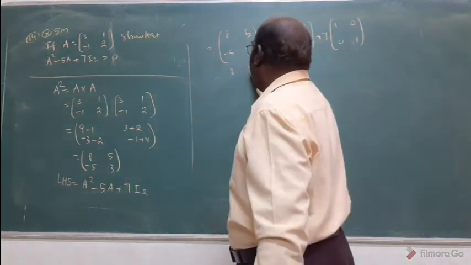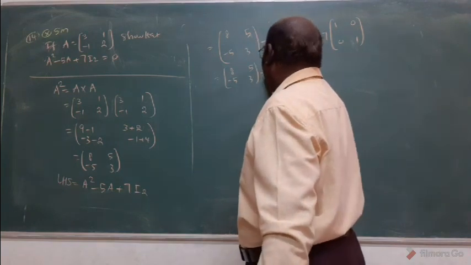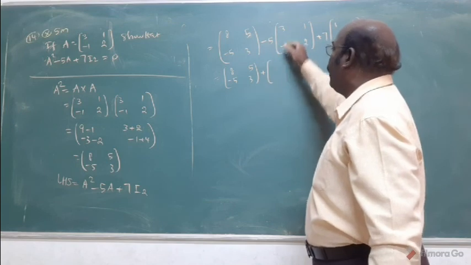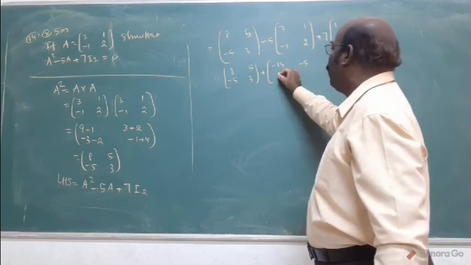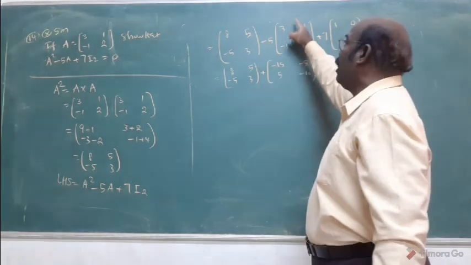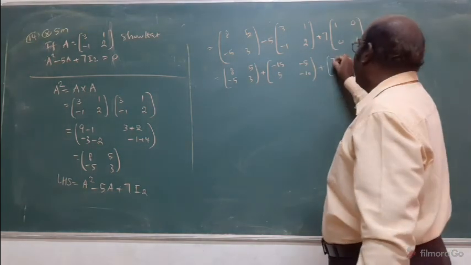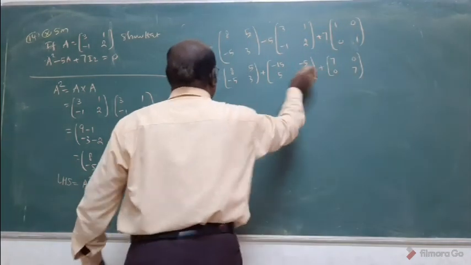Now the first one is the same thing, no change at all. Now all elements are multiplied by minus 5: minus 15, minus 5, plus 5, minus 10. In this way, you multiply all elements by minus 5. Now multiply 7: 7, 0, 0, 7. Now all are added.